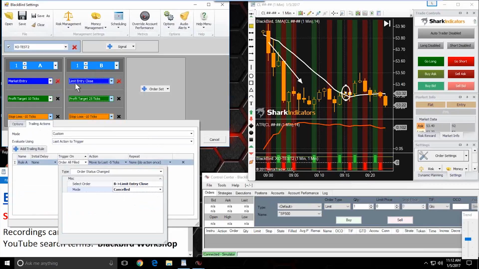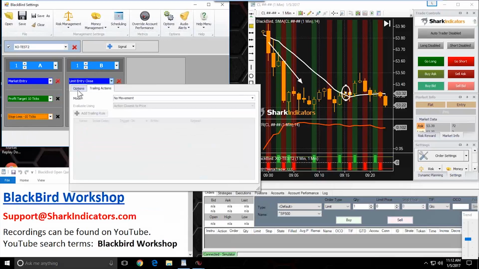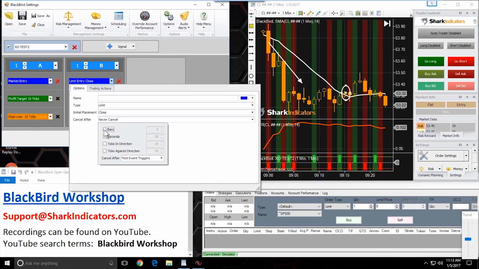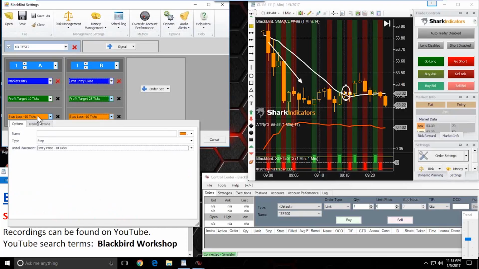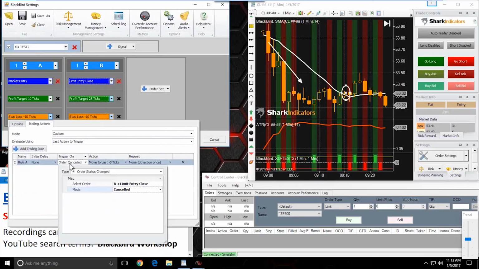If your limit order doesn't get picked up, it's a good idea to cancel these limit orders after a couple of bars. So let's say we cancel after 5 bars. I just set it up so that after 5 bars, this limit entry order is going to get canceled.